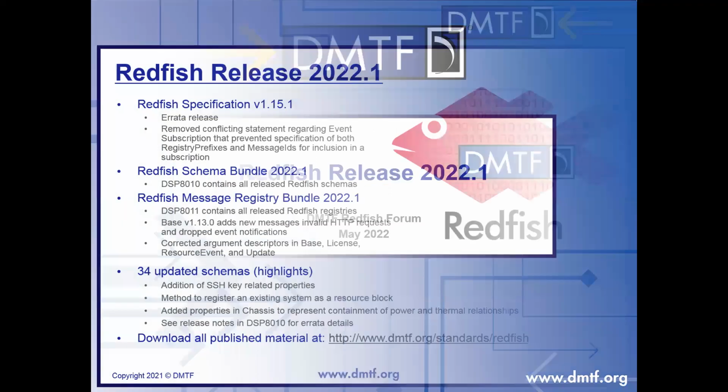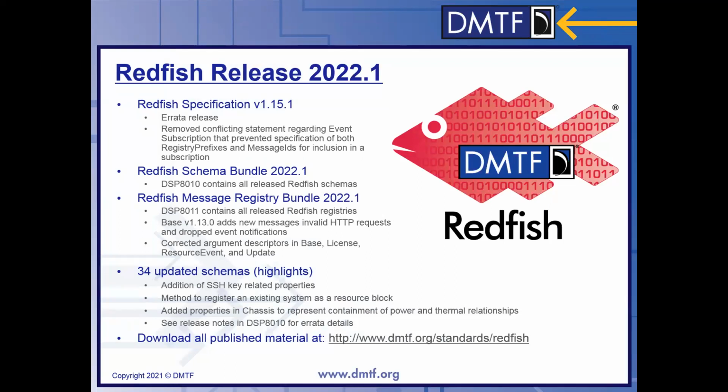Let's look at the summary. In this release, there were a lot of updated schemas. The rest of it was some minor pieces and a little bit of clarification on the spec. The specification itself was just an errata release.